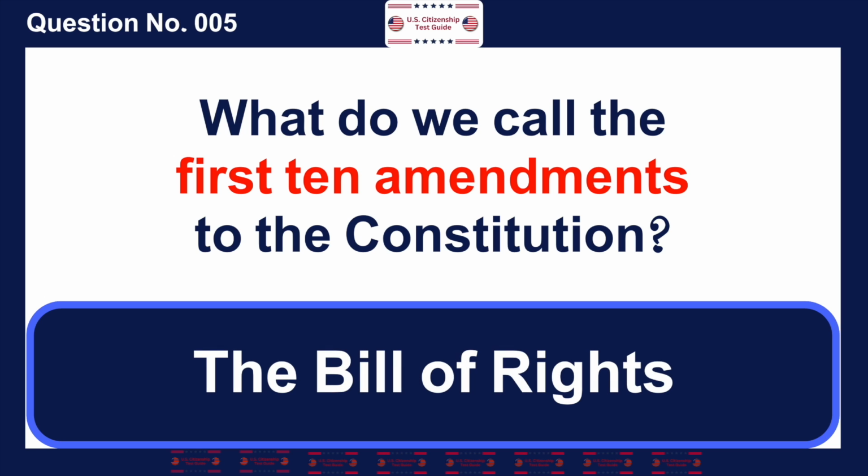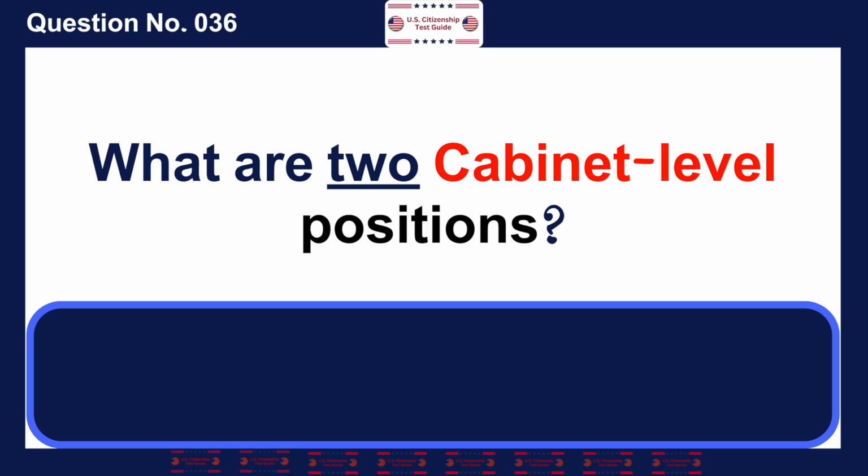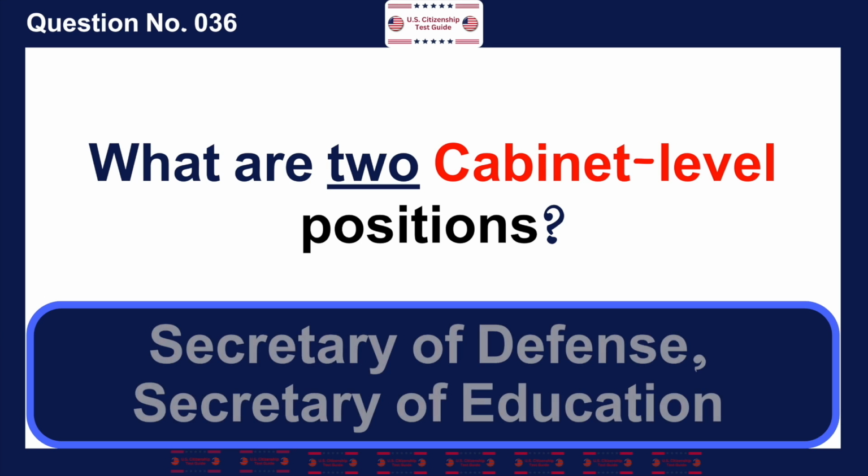The Bill of Rights. What are two cabinet-level positions? Secretary of Defense. Secretary of Education.